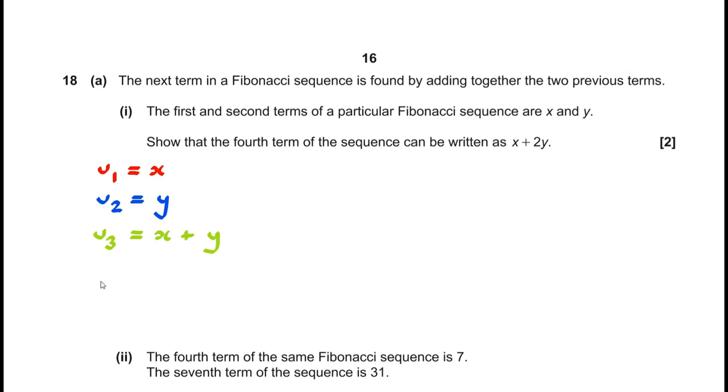The fourth term, u4, that's found by adding together the second term, y, with the third term, x plus y. It turns out u4 is equal to x plus 2y, and that's what we wanted to show.